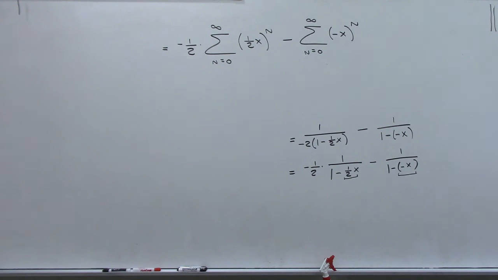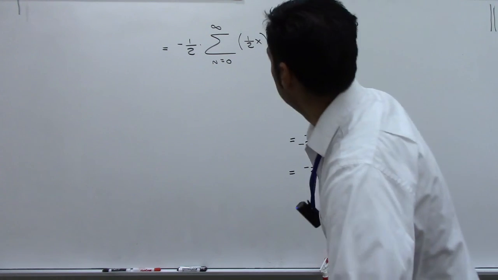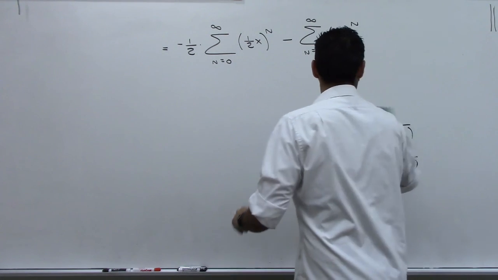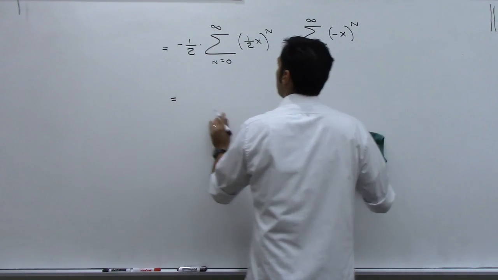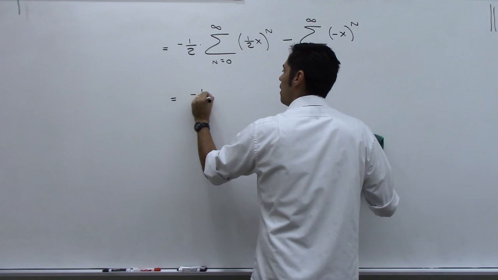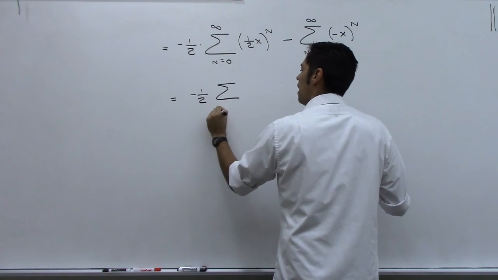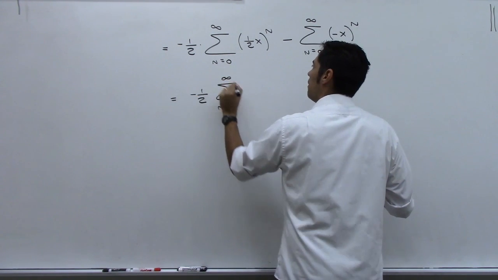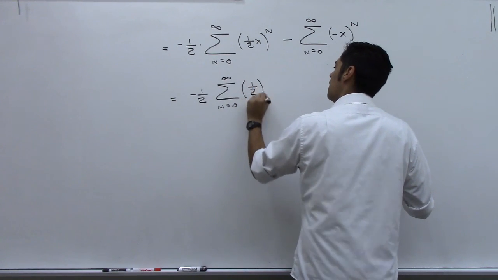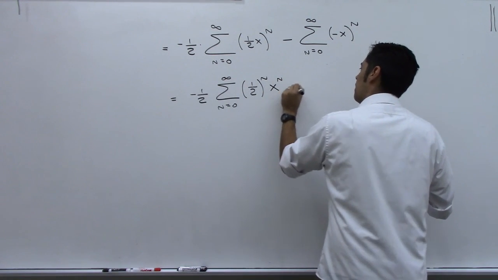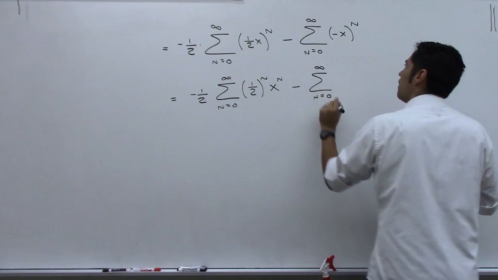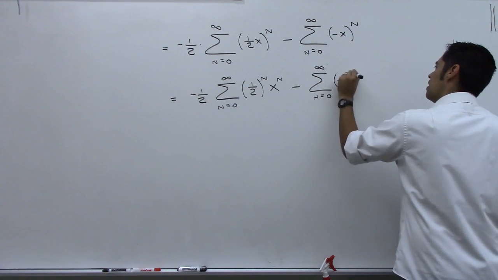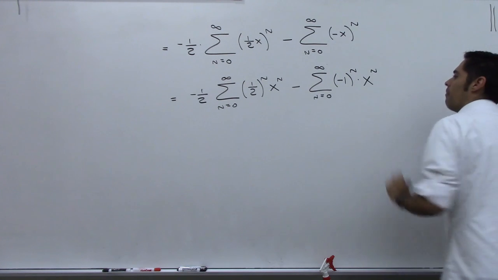Now let's try and get this to look better than that. All right, so check it out. This is negative 1/2, sum n equals 0 to infinity, 1/2 to the n, x to the n, minus sum n equals 0 to infinity of negative 1 to the n times x to the n.